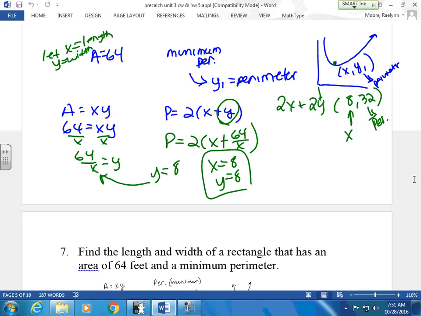Don't do 7. Do 8, 9, and, I'm sorry, don't do 8. Do 9 and 10. 8 I'm going to save because 8 works a little bit differently, and I don't want you to be confused. And hang on, in this packet, I'm going to tell you which ones to do. Give it 1 minute.